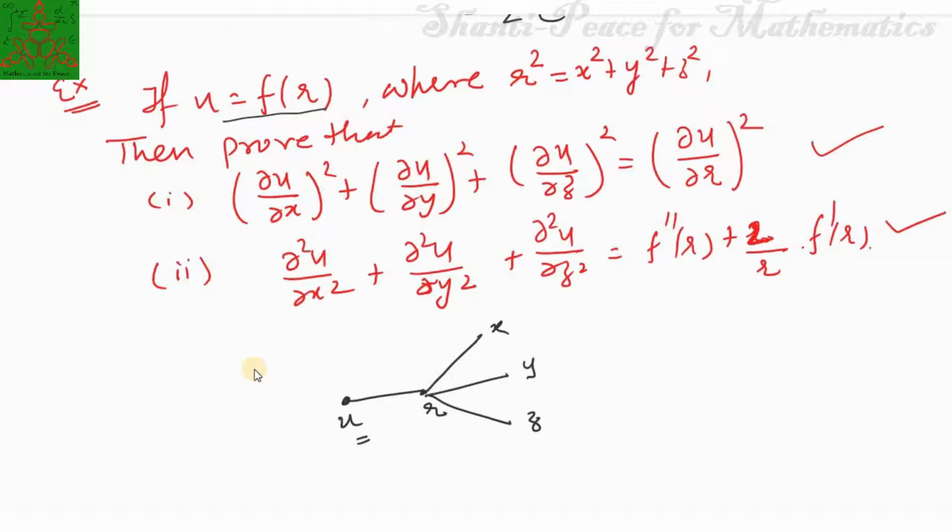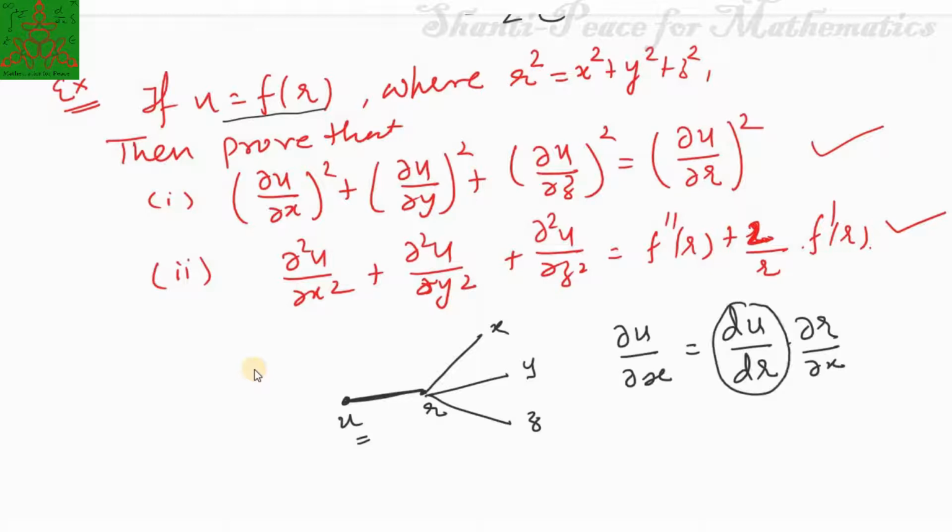If you want to calculate the derivative of u with respect to x, that is du/dr into ∂r/∂x, because u is only a function of one variable, that's why it is du/dr, and then r is a function of 3 variables, so that's why it is ∂r/∂x.